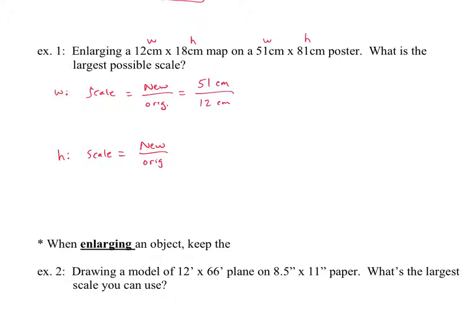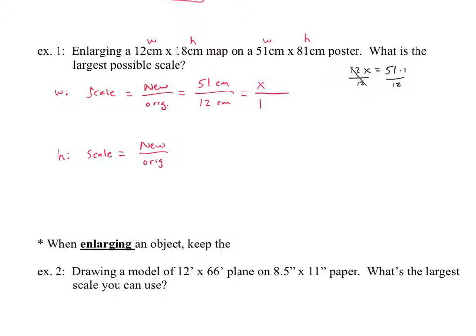Once I have that, like we were doing before, we take the smaller one and put a 1 down there, like 1 centimeter. We don't need the units because they're the same, so I'll do a 1 and an x. We're trying to figure out a what to what ratio. If I cross multiply, I'm going to have 12 times x equals 1 times 51, so that just becomes 51.